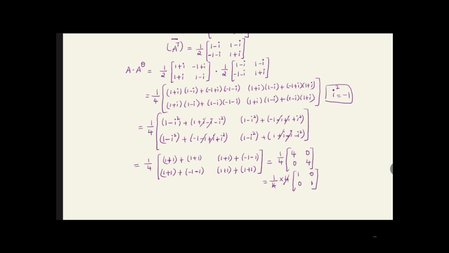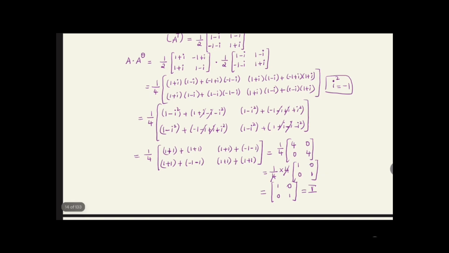Now 4 and 4 will get cancelled, and the final answer is [1, 0; 0, 1], which is nothing but the identity matrix. Is that clear, students? So what we can say, that A into A to the power of theta is equal to the identity matrix. Therefore, the given matrix is unitary.